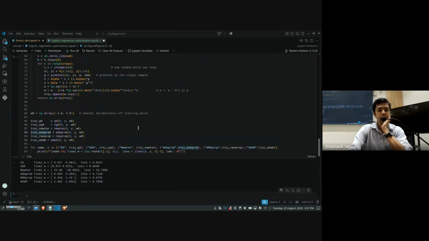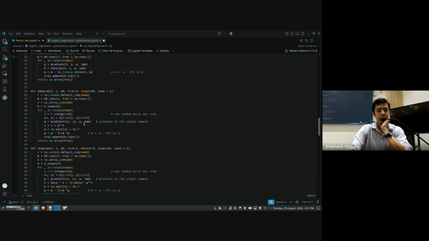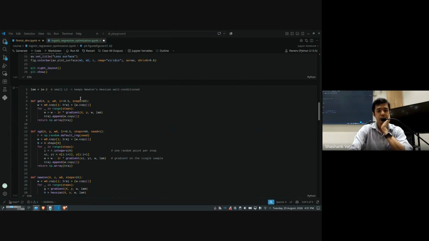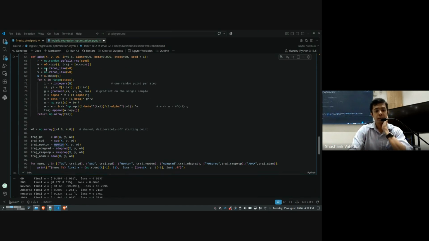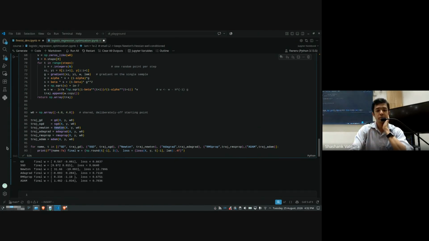So I'm running gradient descent for 60 steps, stochastic gradient descent also for 60 steps, and Newton's method only for 15 steps. Let's ignore the rest, whether it's Adagrad or RMSprop or Adam, for now. But you can see that Newton's method seems to give a much higher loss for some reason.